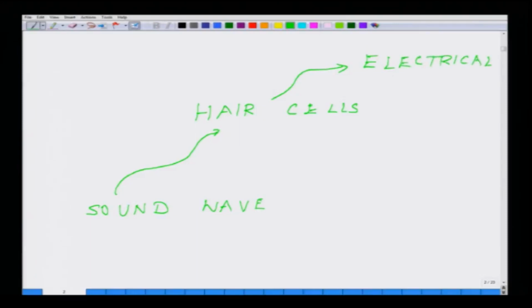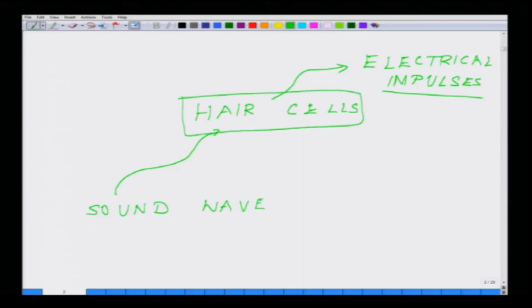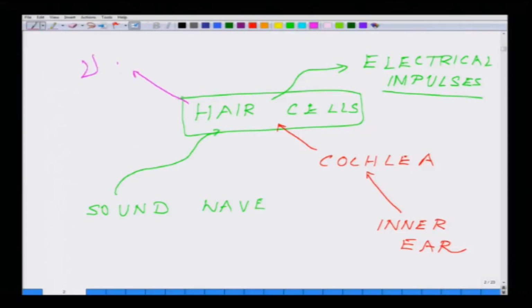And these hair cells sit inside the cochlea, which is essentially the inner ear. These hair cells could sense different frequencies of sounds. So, this is the feature of these hair cells.